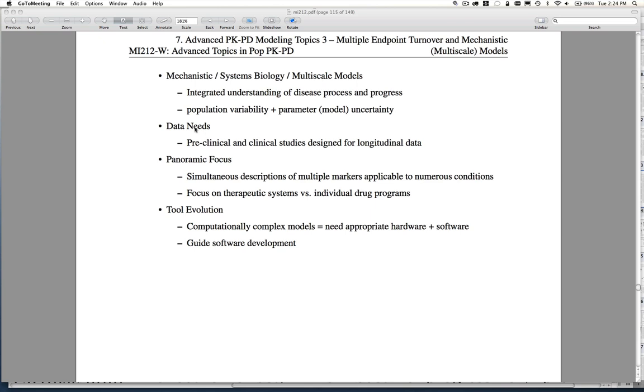The data that you need to develop one of these models is immense, to say the least. You need preclinical data, often cellular level data, as well as a good clinical understanding, or ideally some clinical understanding. If not, you're trying to bridge this information into clinical understanding. Generally, you don't just need a Western blot at 4 hours.